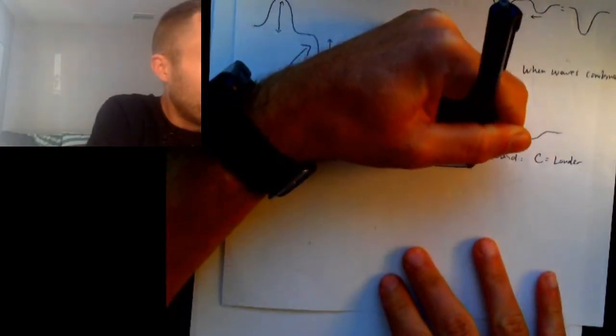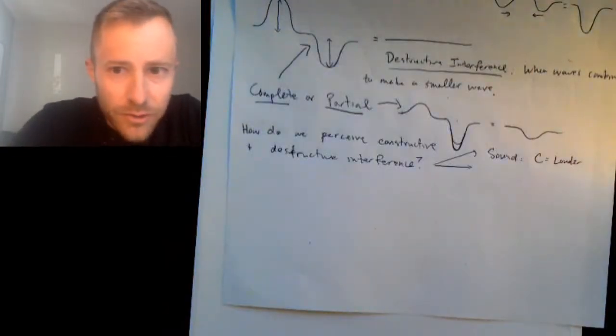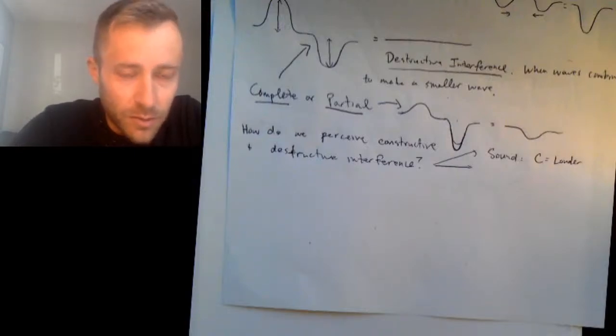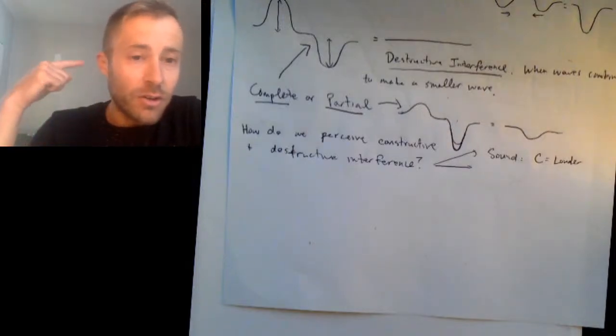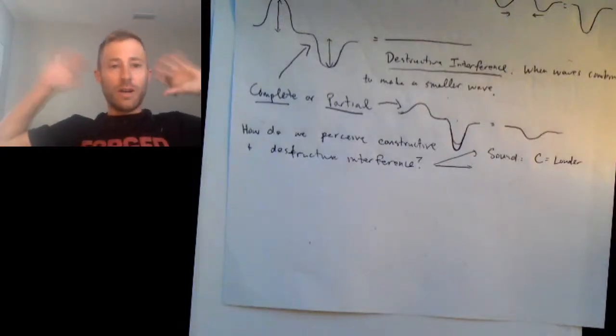One interesting device that uses destructive interference of sound is sound cancellation headphones. So basically, sound cancellation headphones listen to the surroundings.